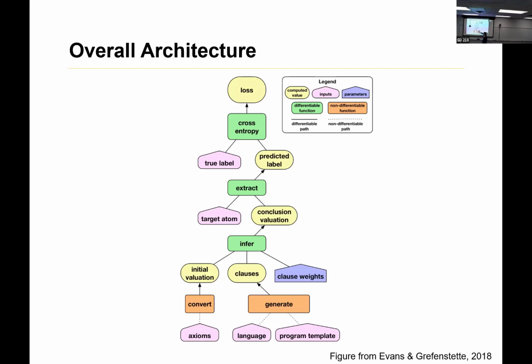There are the clauses and the weights, initialized at whatever starting point you have, then infer. This is running gradient descent on the neural infrastructure. Here's your conclusion. Now you compare it with your target value. Cross entropy loss is what I showed you before. And that's the flow of everything.